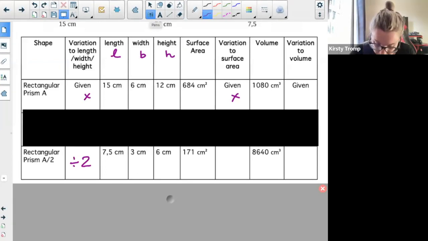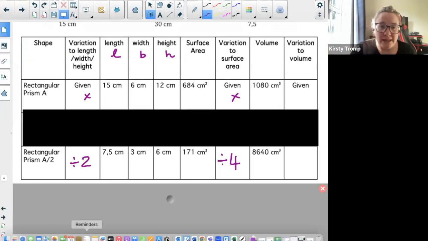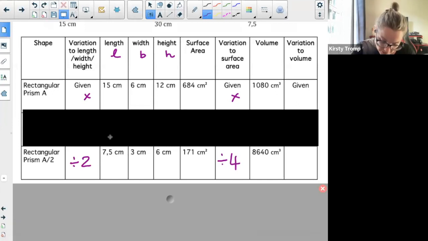You need to divide it by 4 to get it smaller. Same thing. Either you times it by the fraction or you divide it by 4.